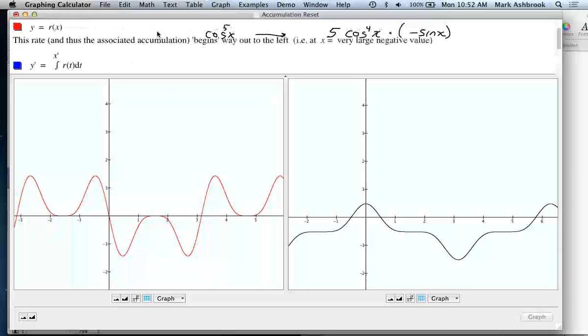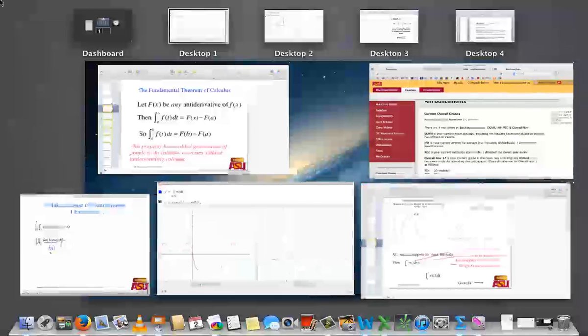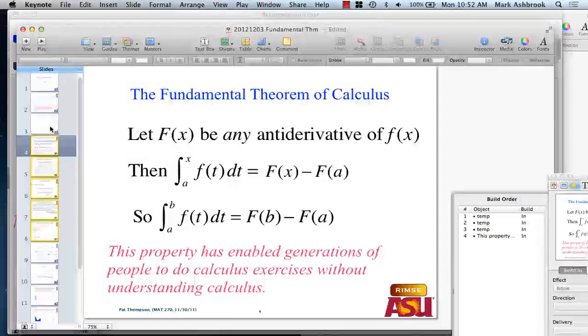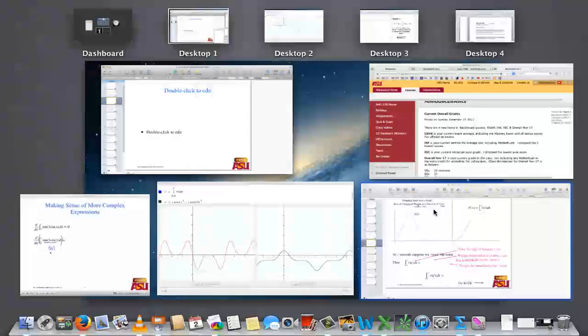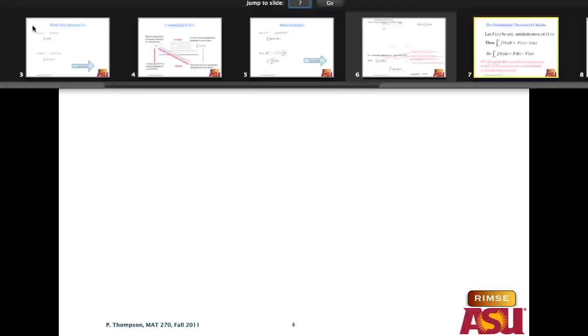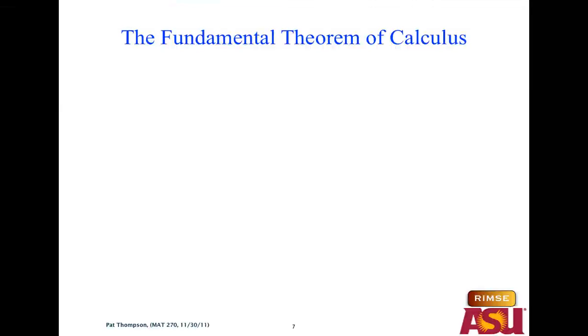Okay, so the moment we've been working for all semester long, and there's hardly anything new to think about here. Fundamental theorem of calculus, this is it.